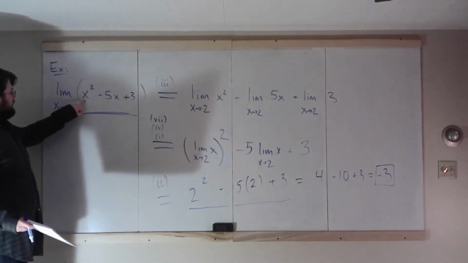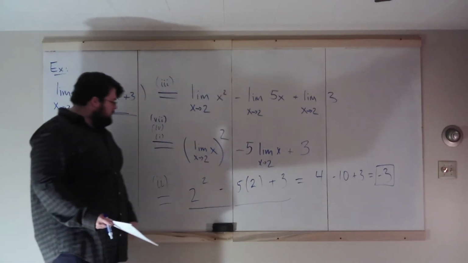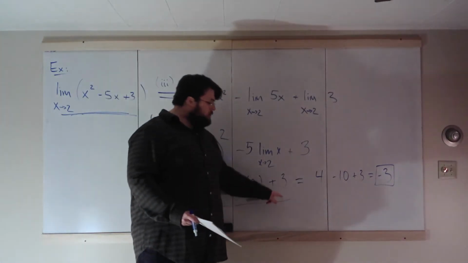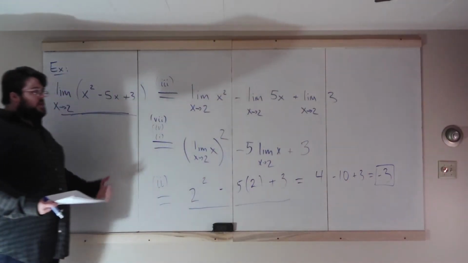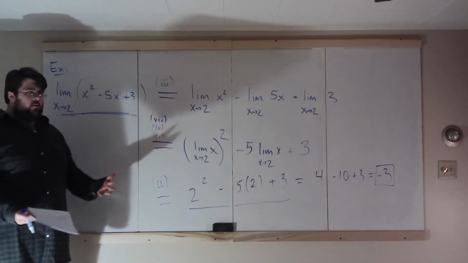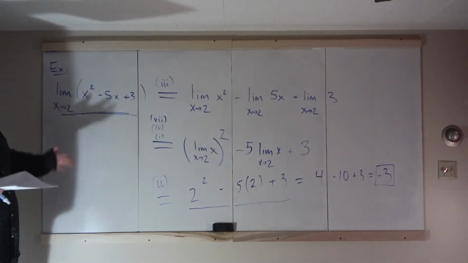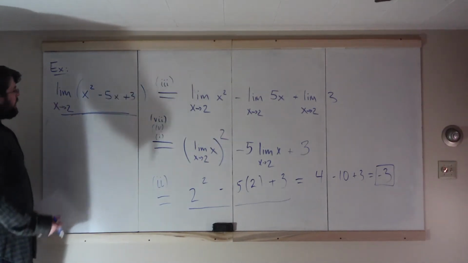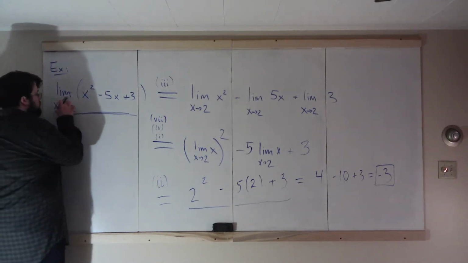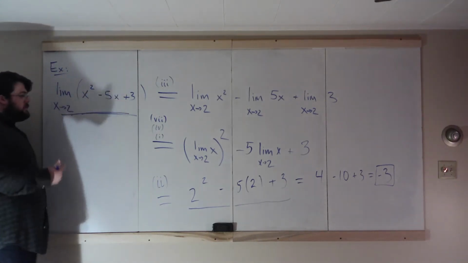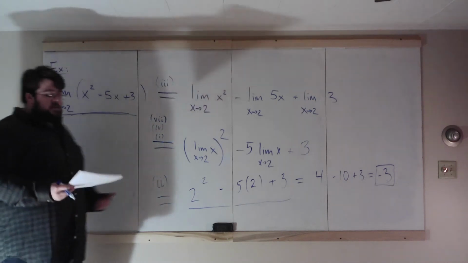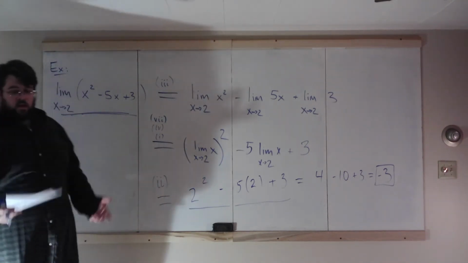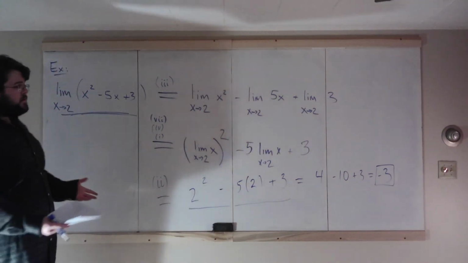Well, look what we have. We have x squared minus 5x plus 3. 2 squared minus 5 times 2 plus 3. All we did in applying these 5 rules was explain why we could just substitute x equals 2 into this limit. And these algebraic limit laws allow us to do that.